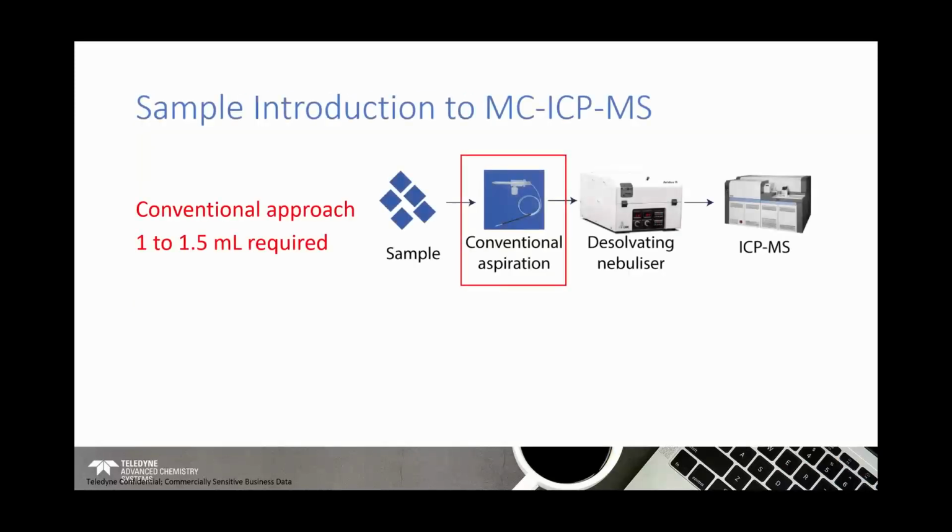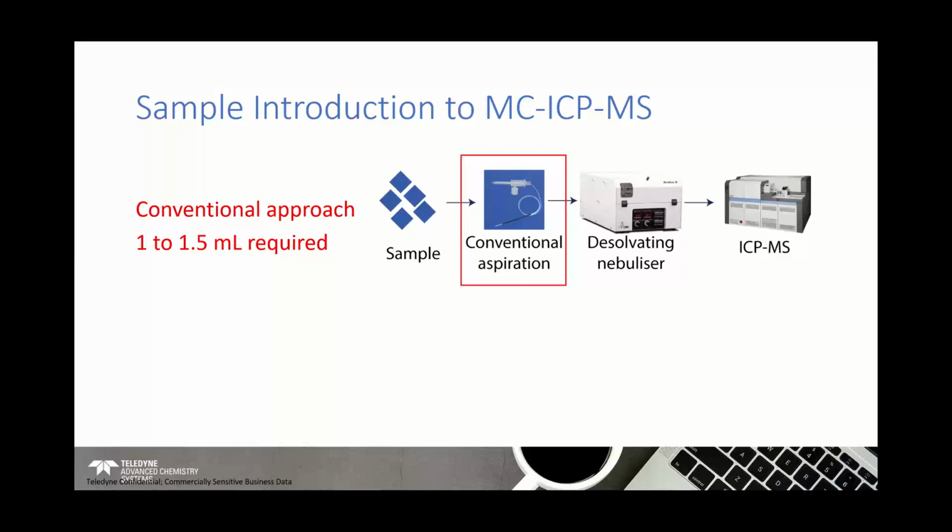So the conventional approach, how it's typically done, is that you reconstitute that sample residue into about 1 to 1.5 milliliters of nitric acid. And what you do with that 1 to 1.5 mil volume of sample is introduce it via a self-aspirating nebulizer.